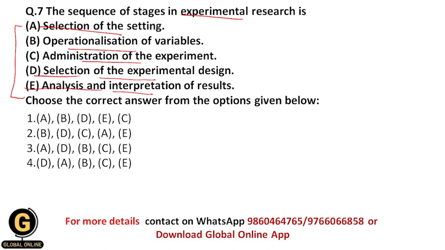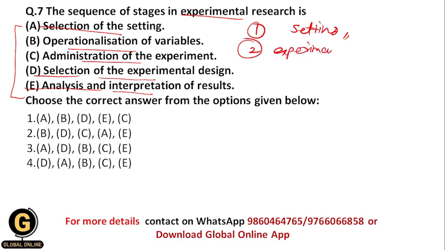So basically your first stage should be selection of the setting. Okay, because you should have the proper setting, and you should assign the proper setting, the environmental condition or controlled environment in which you are going to do your experimental research. So first of all, select the setting. Then second is selection of the experimental design.